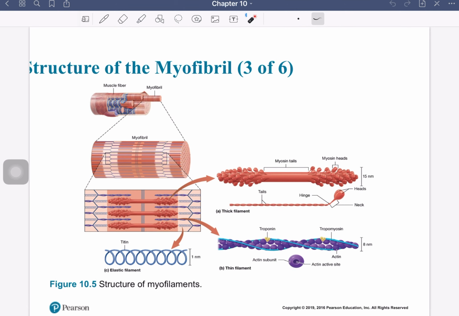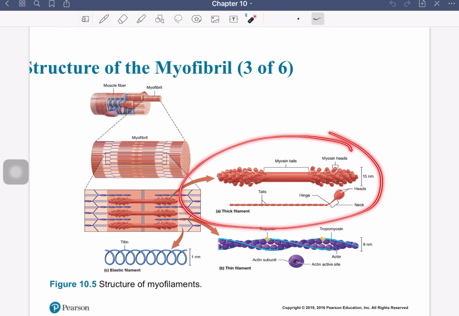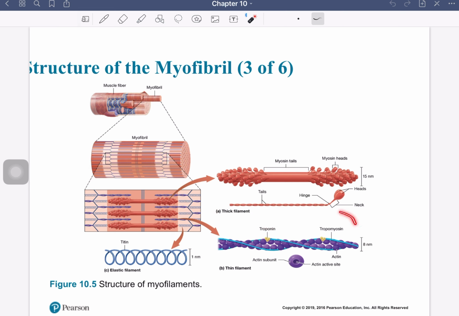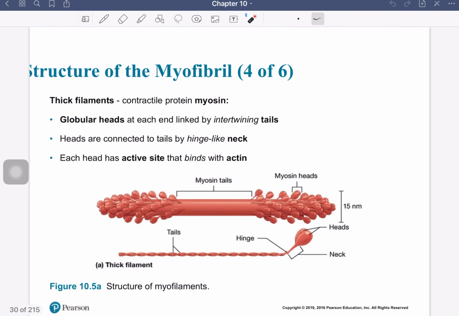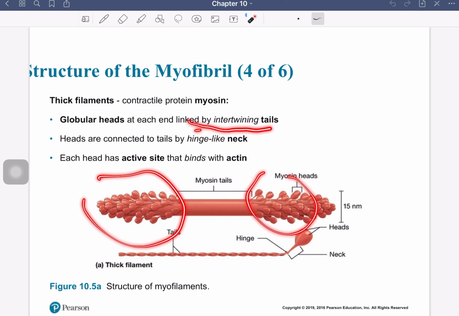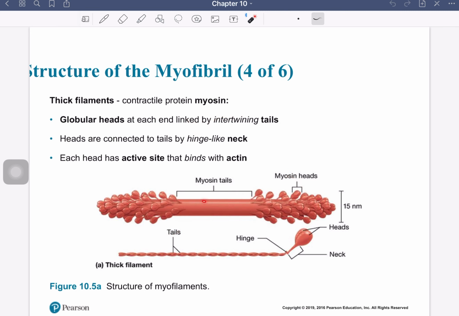So that's the basic structure of a sarcomere, and the basic structure of a thick filament and a thin filament. Now, we can look at this again: the thick filament is, once again, made of myosin. We have globular heads at each end. The tails are intertwining, and the tails run oriented that way and this way.